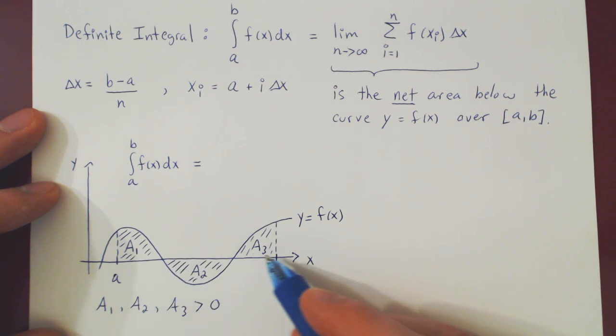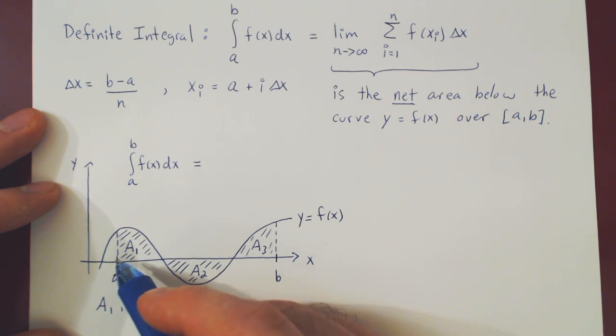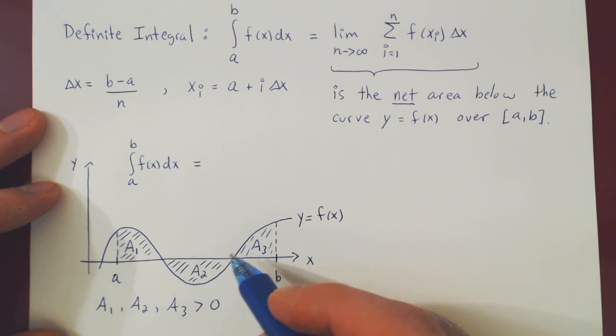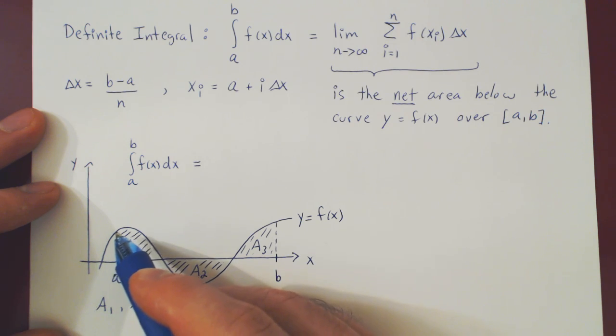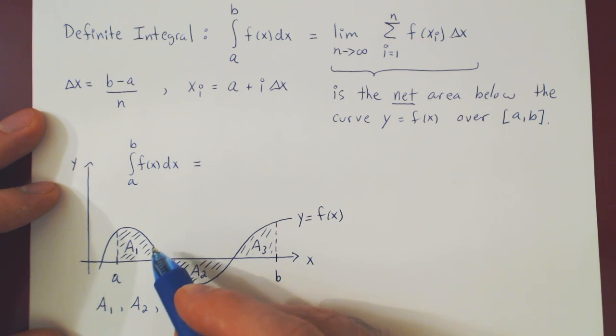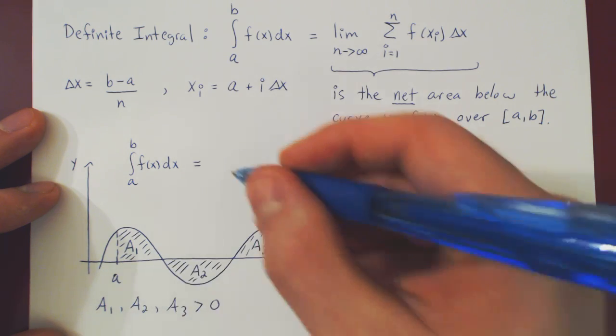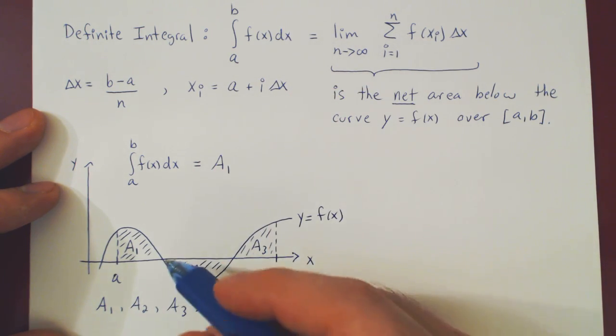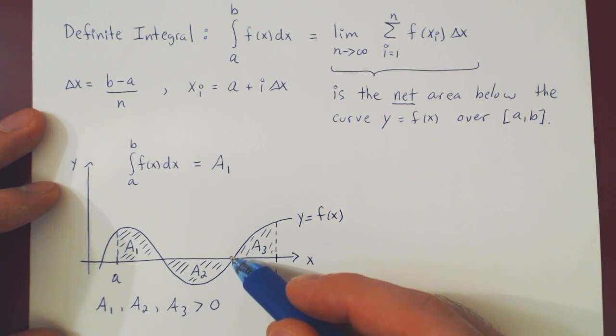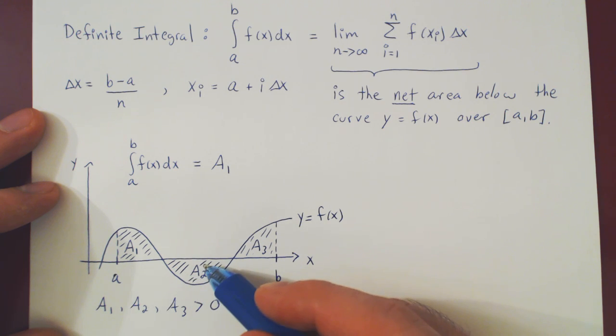As you go from a to b, imagine stopping at these two points. So we'll go from a to this point. Now here, because f is positive, we will obtain the positive area, so positive A1. But now, as we keep going from this point to this point, we will not obtain positive A2.